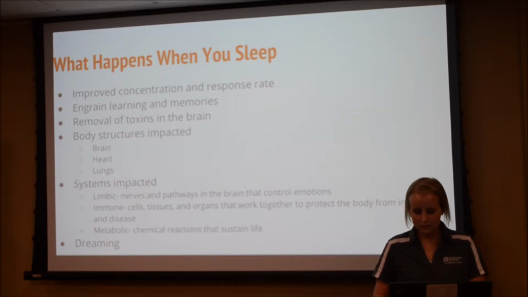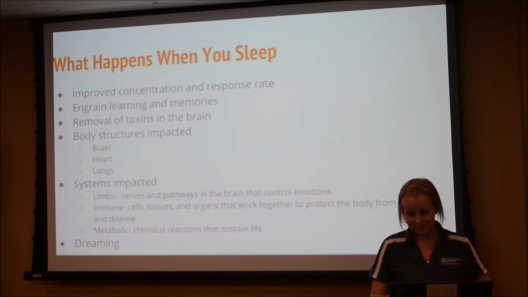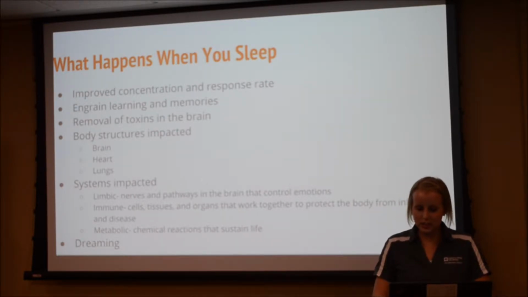And then the metabolic system, which is a system that has chemical reactions that sustain life in a human being or in an animal. So dreaming also occurs during sleep, and they say that you dream about 2 hours a night, and we're unsure why people dream, but it occurs and it helps to process emotions.